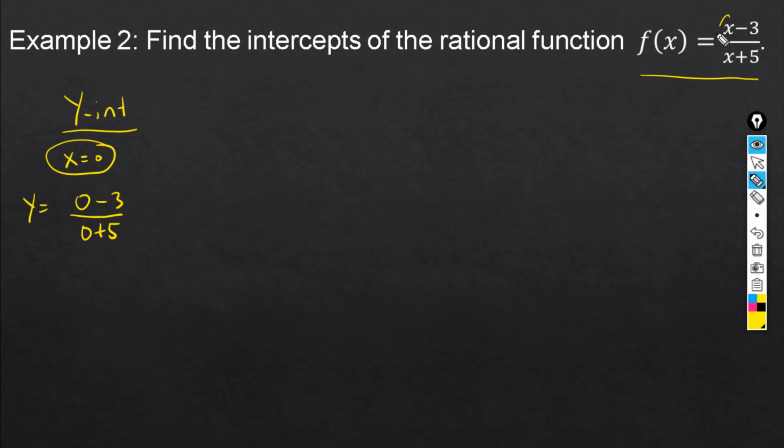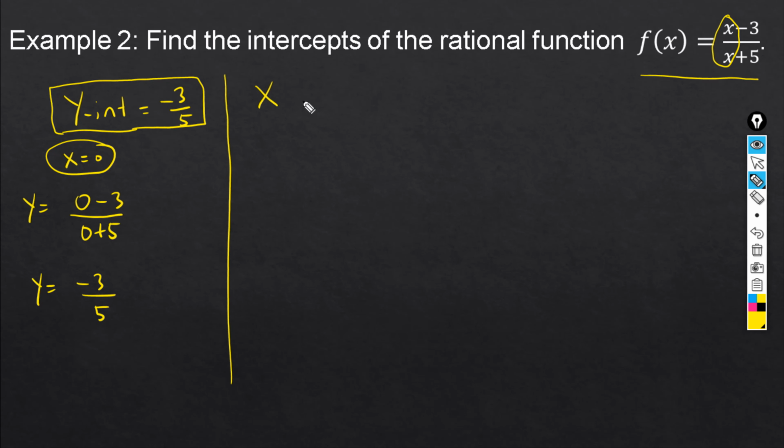Then, simplify. 0 minus 3 is negative 3 over 0 plus 5 is 5. Ibig sabihin, yung y-intercept natin is negative 3 over 5. Sabihin, yung graph natin mag-intersect sa y-axis sa negative 3 over 5.